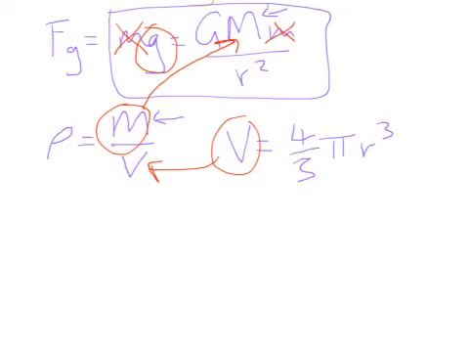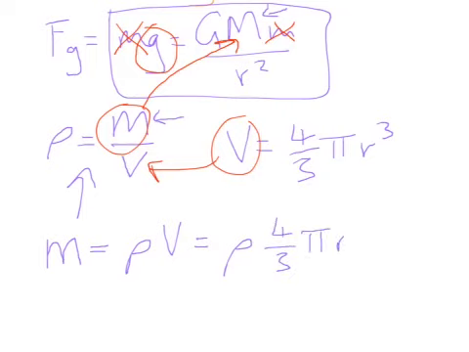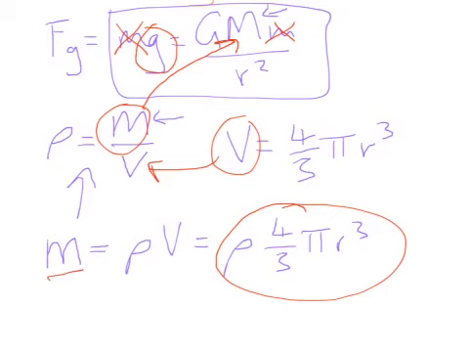I'm rearranging this formula to make M the subject so it's a little bit easier. M equals rho times the volume, which equals rho times 4/3 pi r cubed. Okay, so that was a nice, quick and easy way of doing that. So now we're going to put this, which equals M, into this position up here.